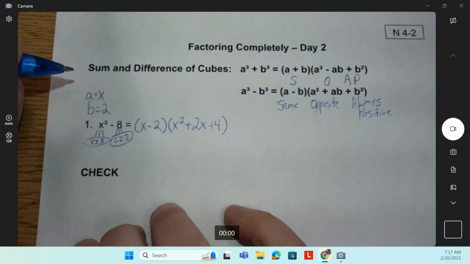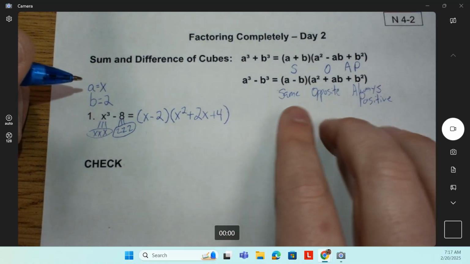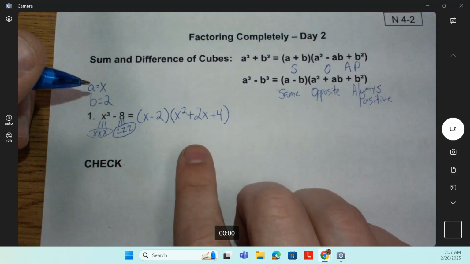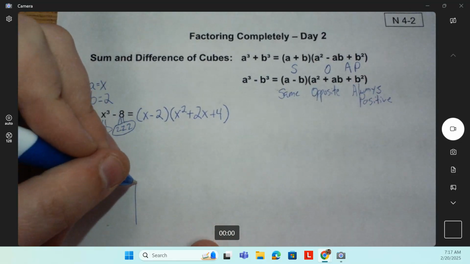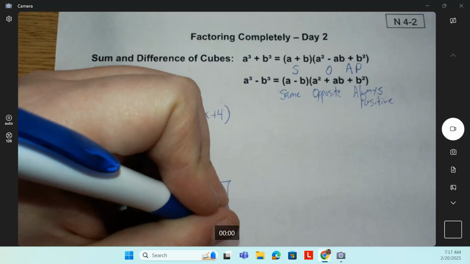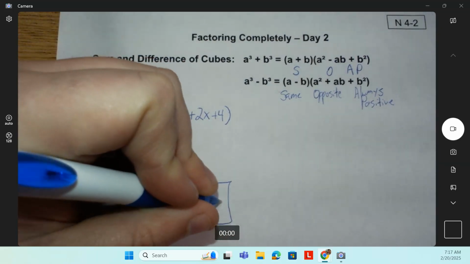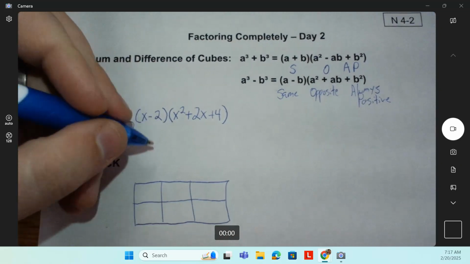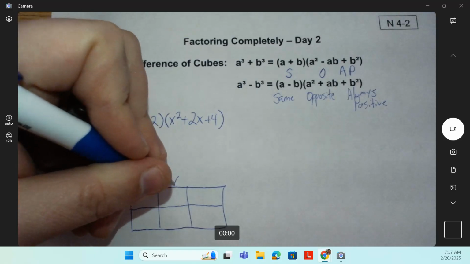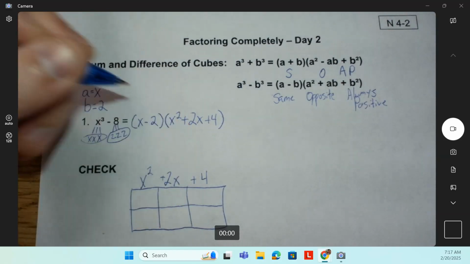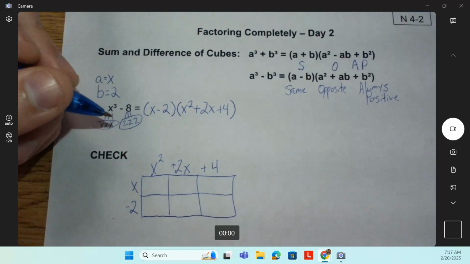Okay, so we want to check this just to make sure and just to prove to ourselves that this formula actually works. So we're going to multiply this back together and make sure it works out like it's supposed to. When I do that, I'll write the trinomial up top, x squared, positive 2x, positive 4, and on the side, x and a negative 2.